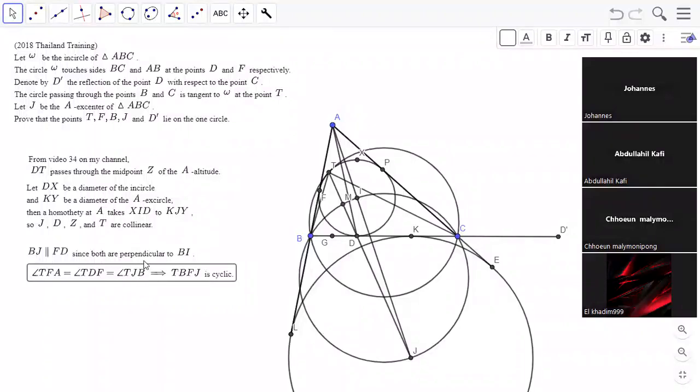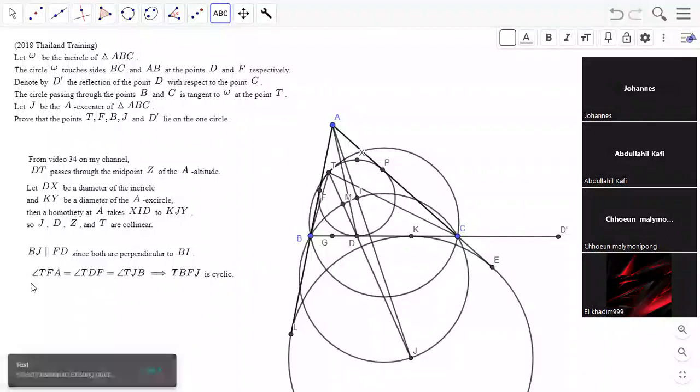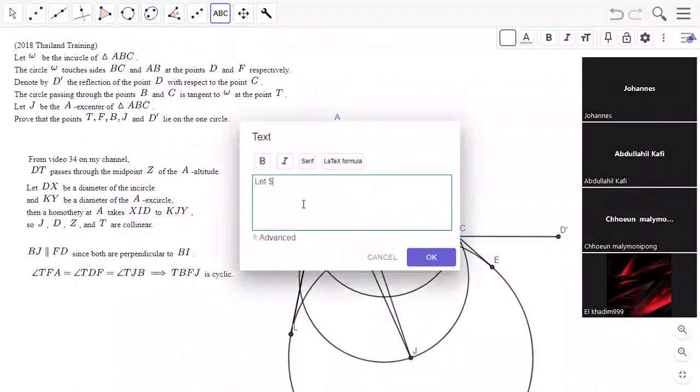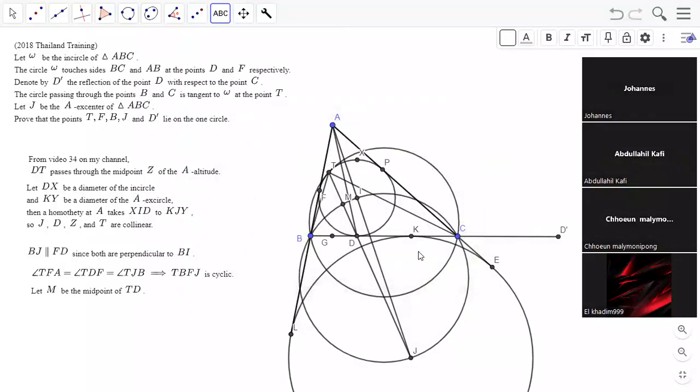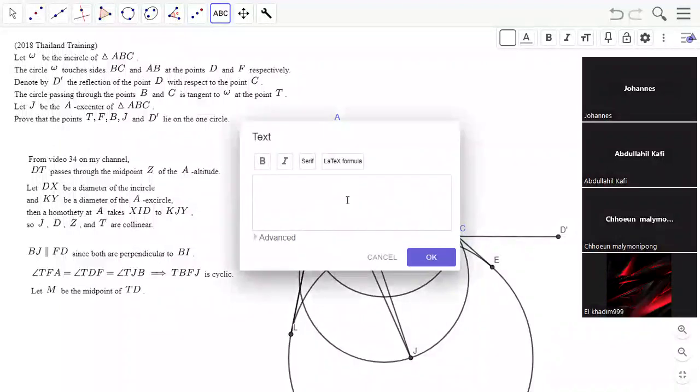So let M be the midpoint of TD, then IMD. So B, and then TMJ equals TMD equals 90.